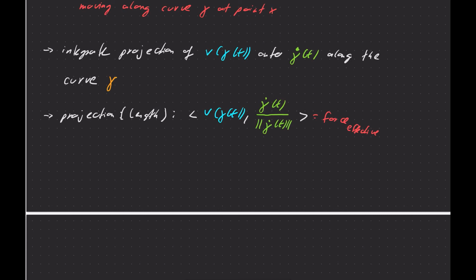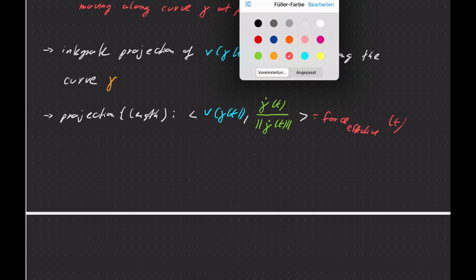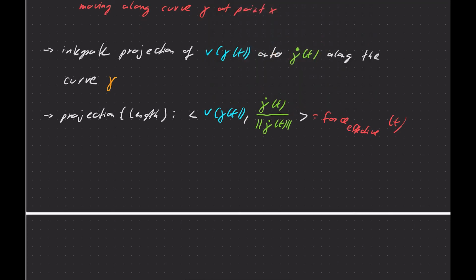That is the force effective at time t, or at the point corresponding to time t. And of course, this projection also includes the sign. And that is important because it matters if we work in the direction of the force or against the direction of the force.